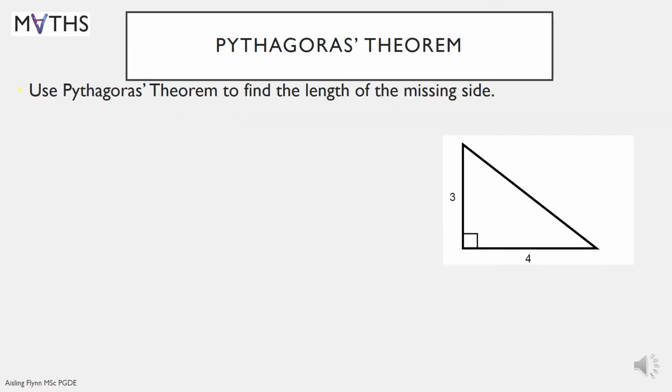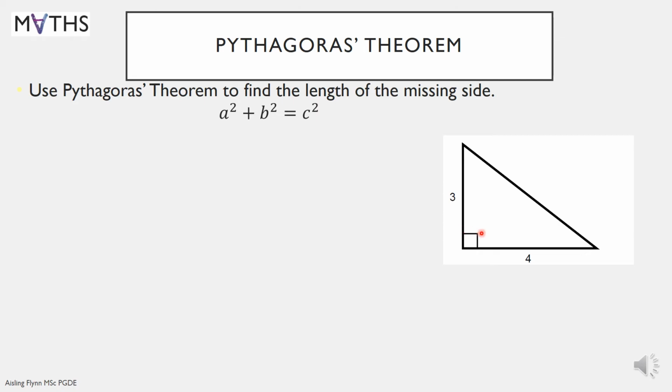So let's do an example to show this. The question asks you to use Pythagoras' theorem to find the length of the missing side. You should always start by writing down Pythagoras' theorem. I would also, for the examiner, if you're not supplied with one, draw a diagram of the triangle. So let's look at this triangle here.